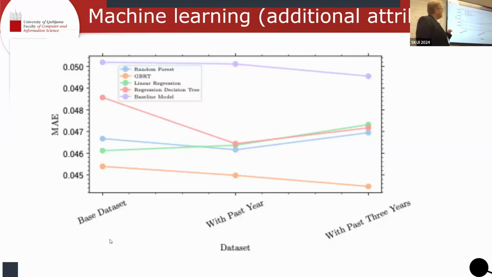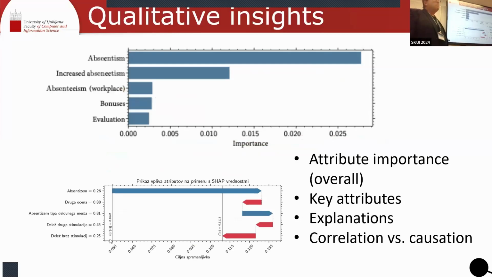And again, we can see that with increasing amounts of attributes, in some cases, not always, the error is reduced. So again, this suggests that we could profit from more data.